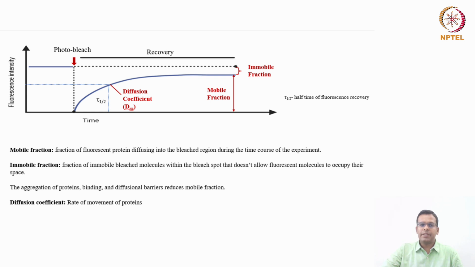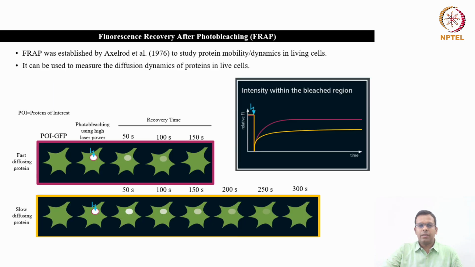So what happens, let's say in this figure, we bleached here. In this particular area, there were 20% molecules, let's say, bound to some structure in the cell. Whereas the remaining 80% molecules were not bound to anything, and they were just diffusing.